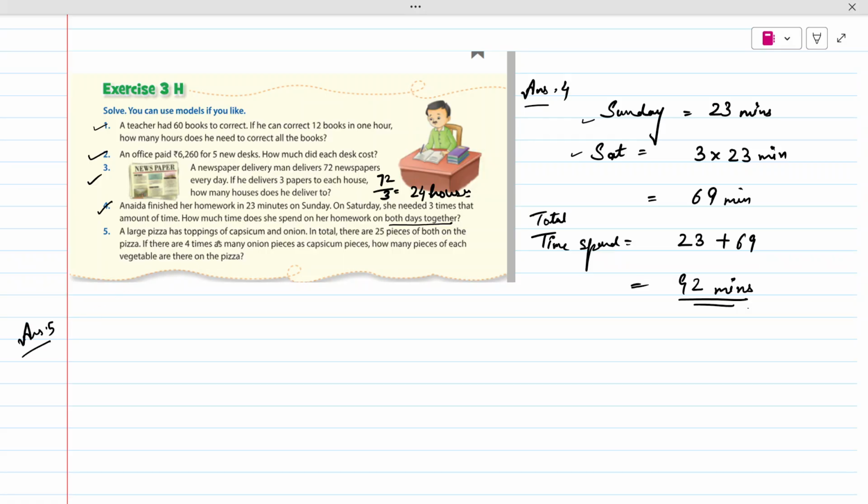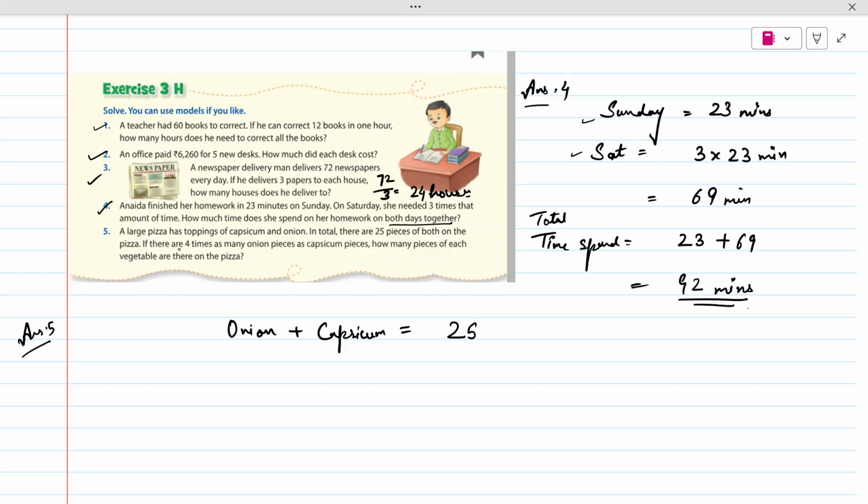A large pizza has toppings of capsicum and onion. In total, there are 25 pieces of both on the pizza. So what it is saying is that onion plus capsicum combined, there are 25 pieces.